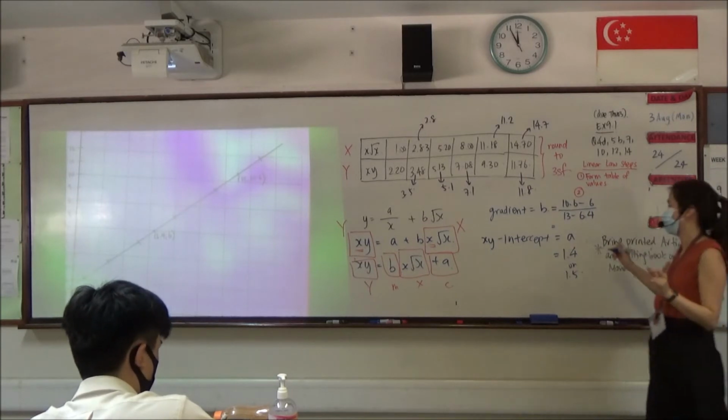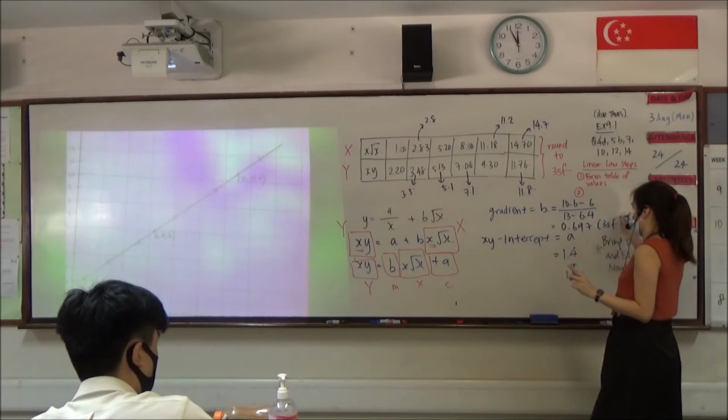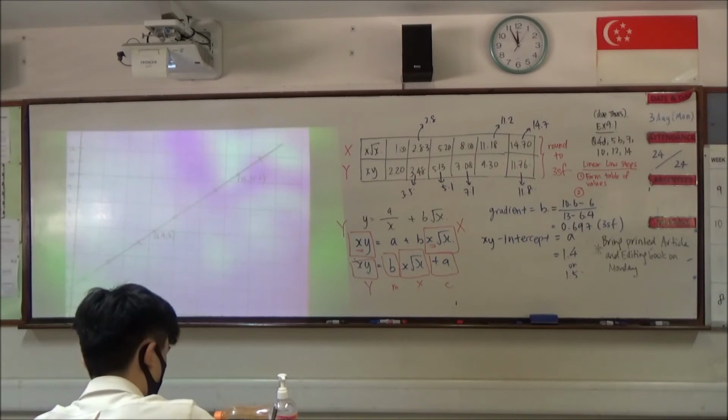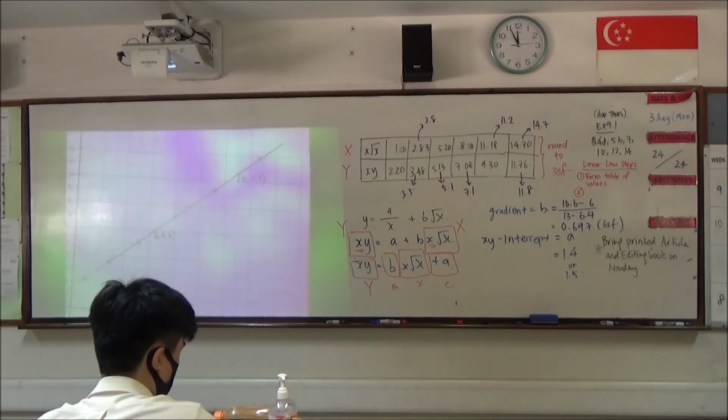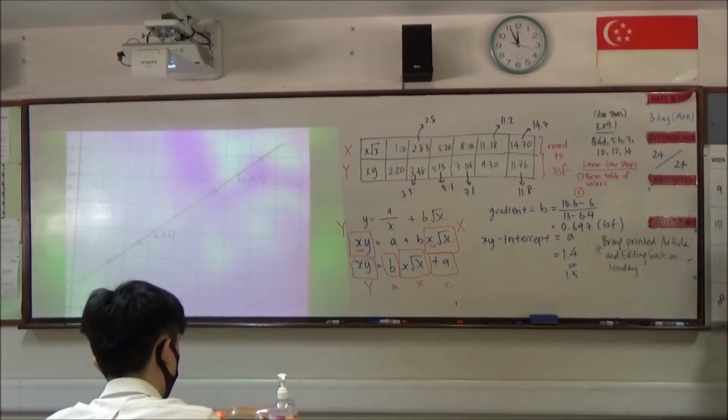Even if it can be expressed as a fraction, you should put it as 3sf. So that is how you find A and B.